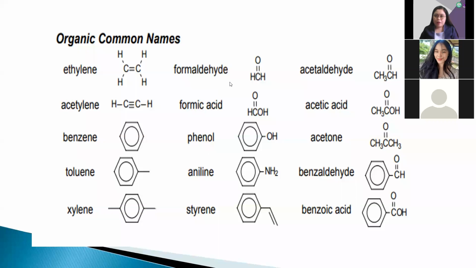And then we have formaldehyde, and then a diluted solution of formaldehyde, at least 37%, is what you call the formalin, which we use as an embalming fluid to preserve tissues and bodies, the cadavers. Formaldehyde is an organic compound.